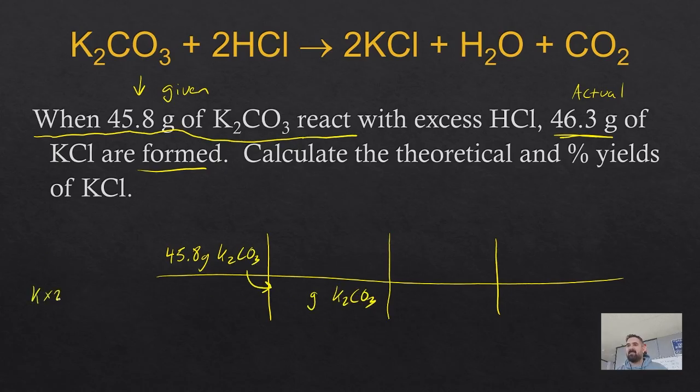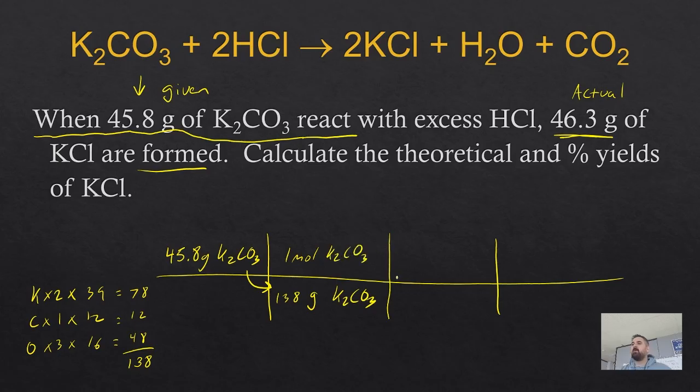So we have potassium times 2 times the molar mass, which is 39, and then carbon times 1 times 12, and then oxygen times 3 times 16. Multiply straight across. This is 78, 12, and then what's 3 times 16? 48, and then what are these together? 138. All right, 138 grams, and then that's going to be 1 mole of K2CO3.